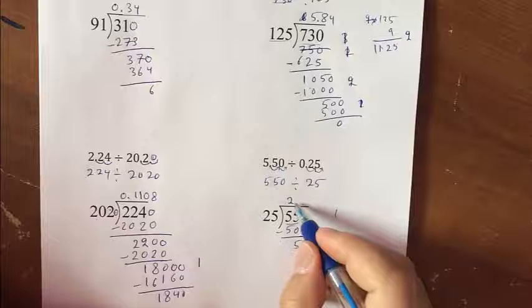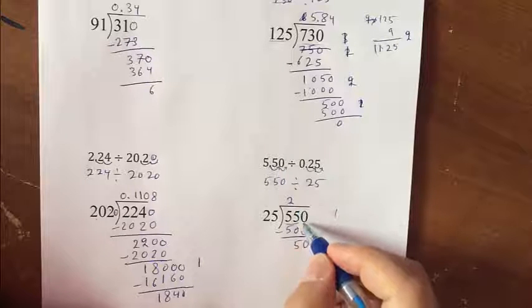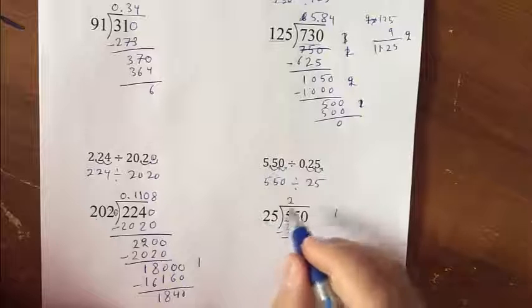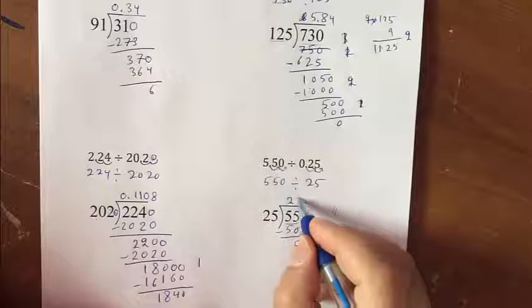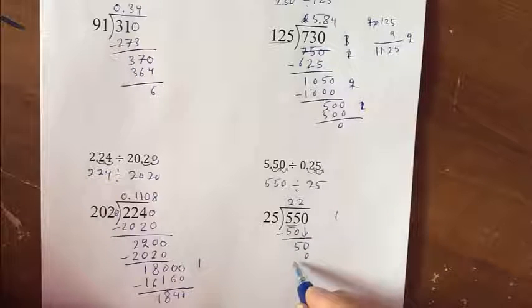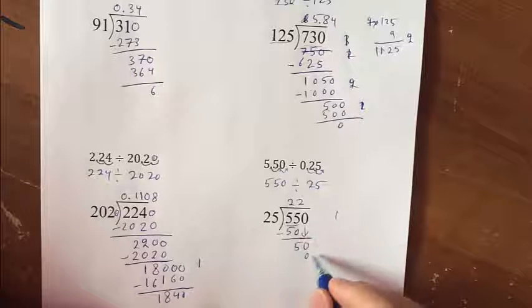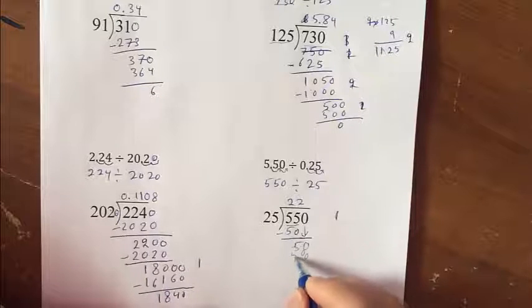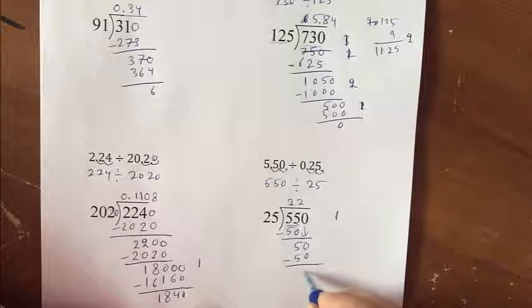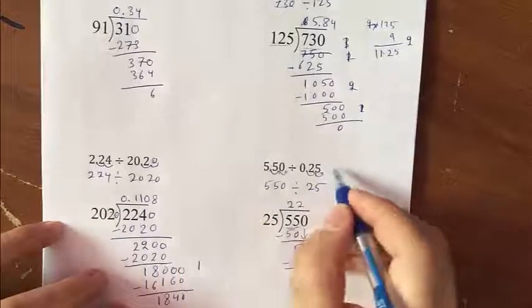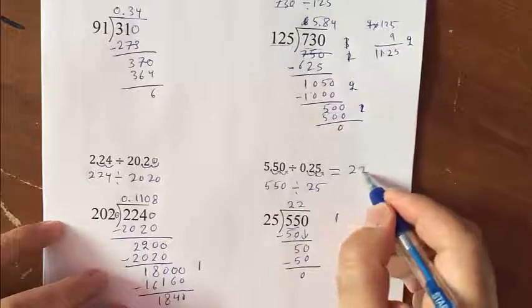You can't just put a decimal here because you have a 0 here, so you bring that down. We have 50. How many times does 25 go into 50? 2 times. 2 times 5 is 10, sorry. Carry over 1. 2 times 2 is 4. 4 plus 1 is 5. Nothing remaining. So the answer is 22. The answer is 22.